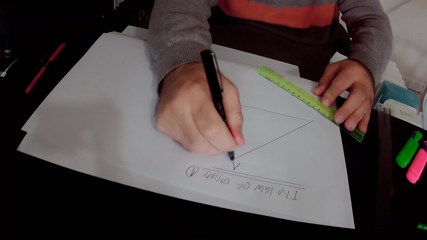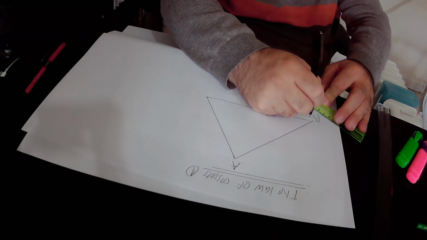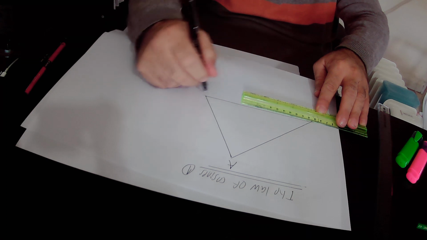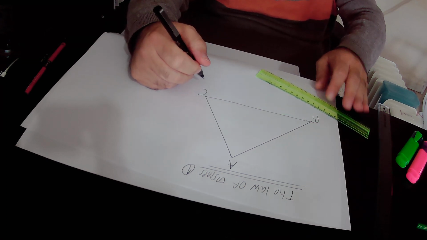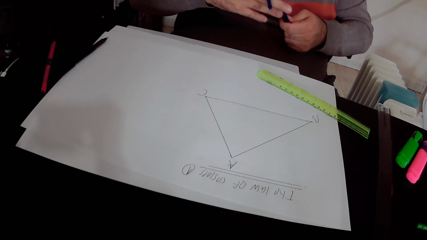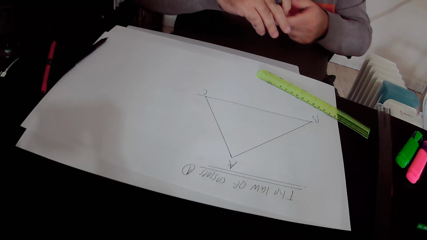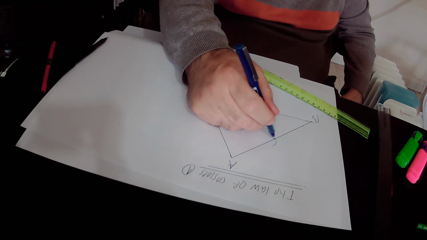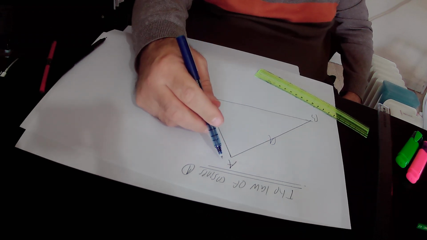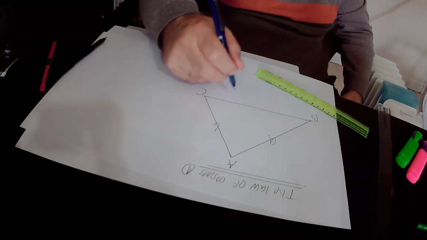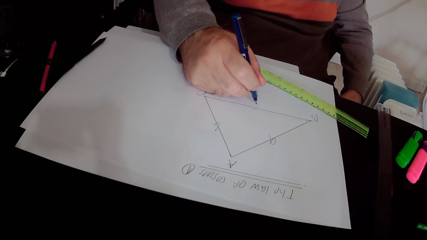This is the law of cosines. This is triangle ABC. It could be any triangle. We know that the length of side AB of triangle ABC equals A. The length of side AC equals B units, and finally side BC equals C units in its length.